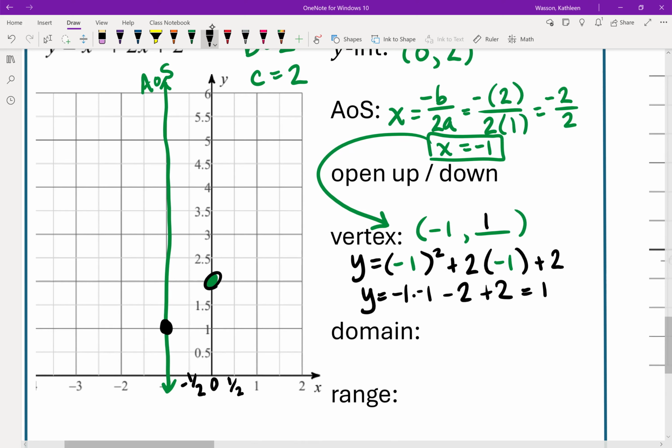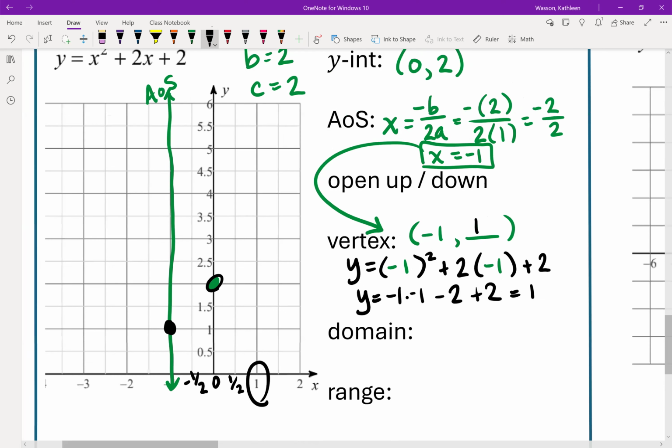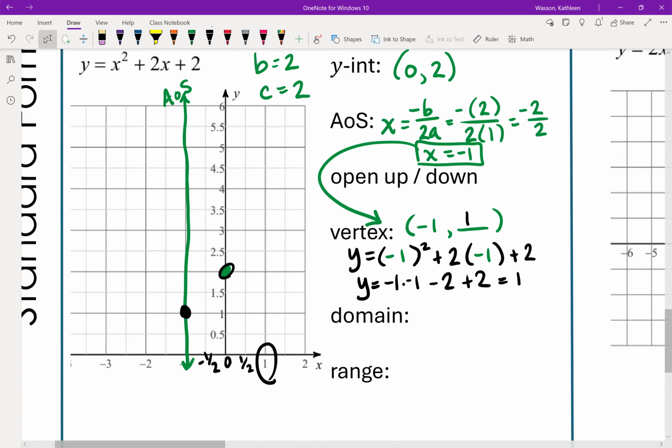I'm going to choose, though, where x is 1, and I'll find the y for this x value so that I can plot another point and define my curve. And again, you can choose any point. I recommend choosing one that's close to the vertex because this graph will grow vertically much more quickly than it does horizontally. So choose one that's close nearby.